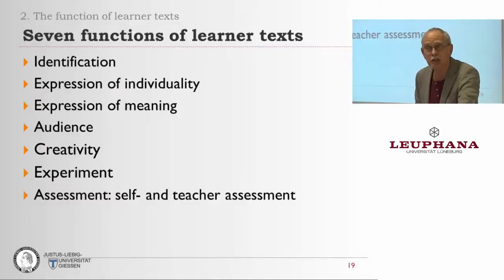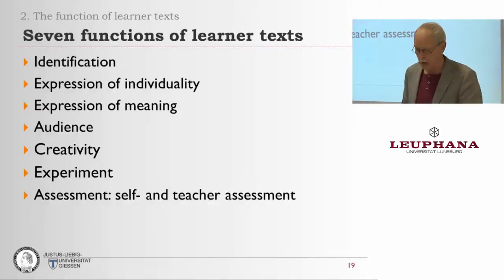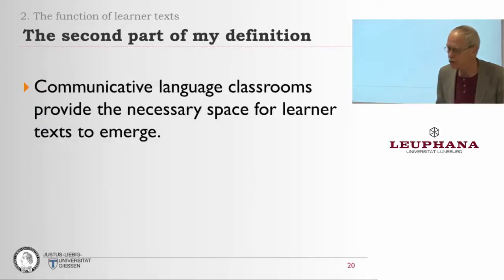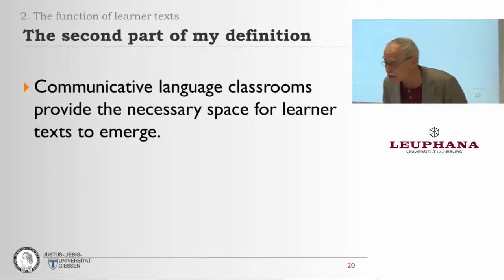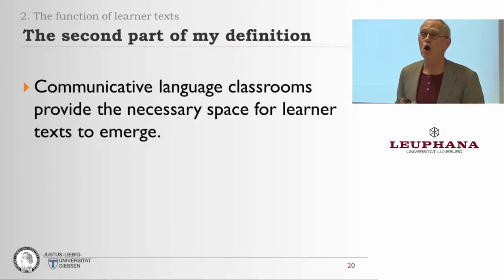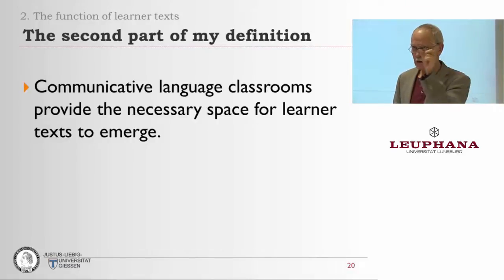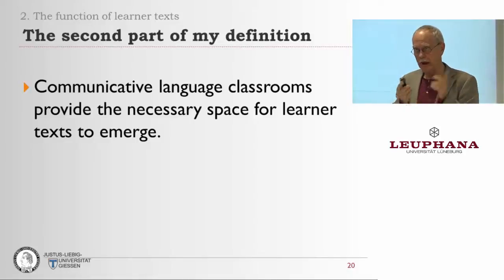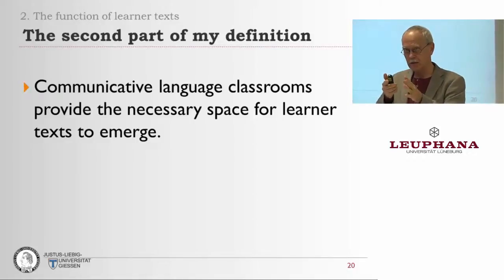Now, this leads me to the second part of my definition, what communicative language classrooms are all about. Communicative language classrooms provide the necessary space for learner texts to emerge. So we have the task component and the task coherence idea, exercises and tasks, and the learner text.